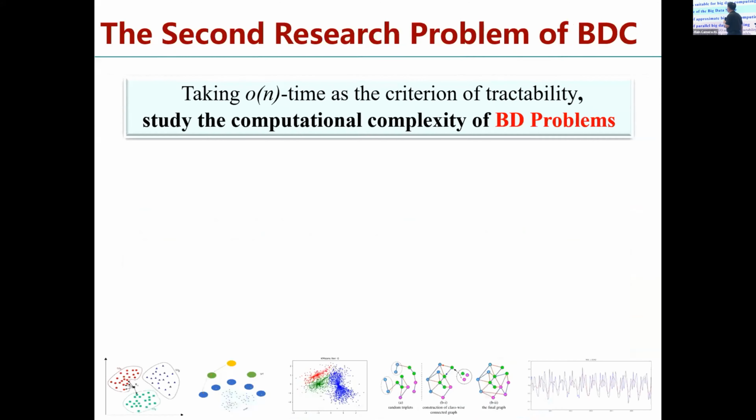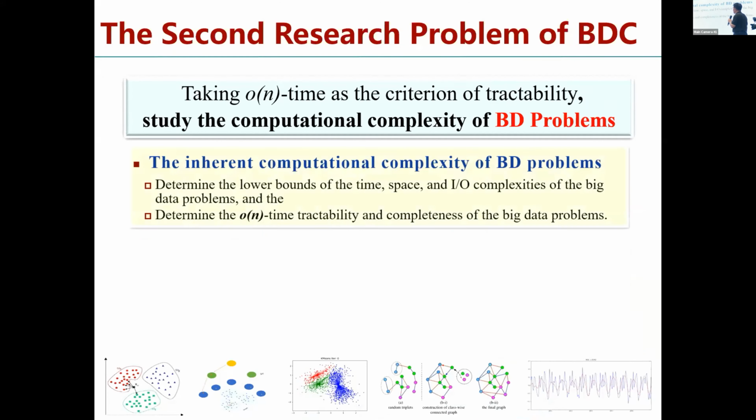Okay. The second research problem of big data computing is to study the computational complexity of big data problems. First, we need to study the inherent computational complexity of big data problems.